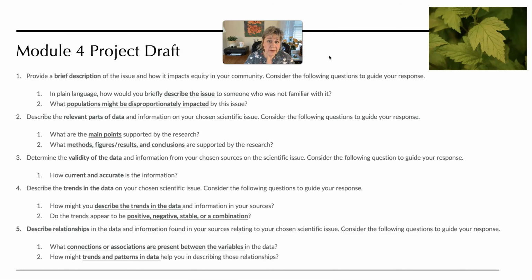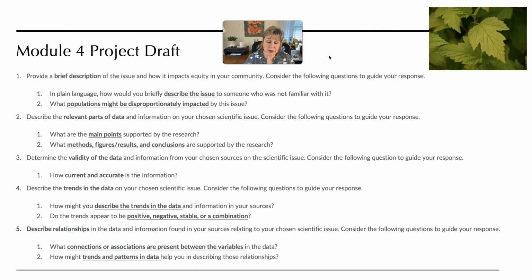So what do the data tell us about this topic? Is this a positive trend, a negative trend, a stable trend? Are there different trends that you see in the data? So be sure and look at the graphs and figure out what they mean in your sources. Describe relationships.